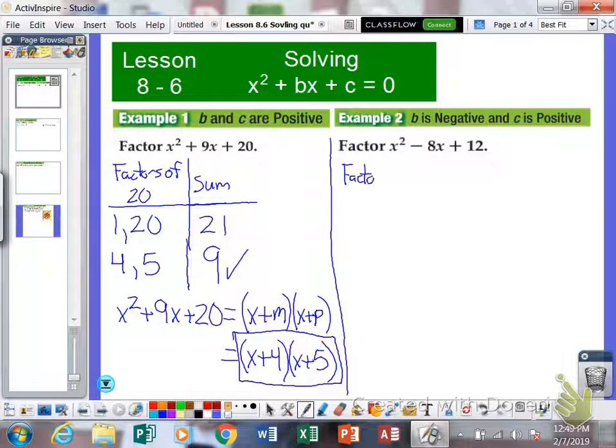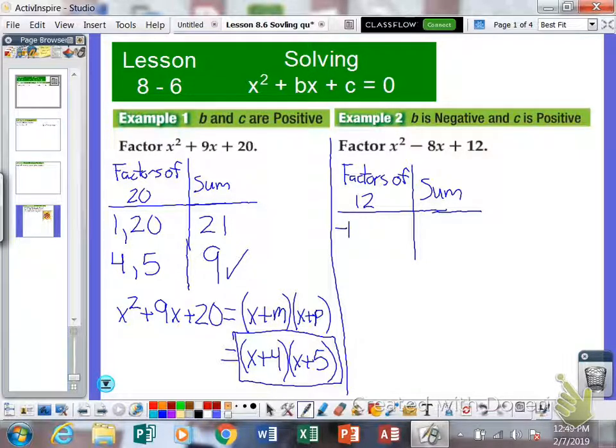We're going to have factors of 12 and their sum. Again, we want our factors of 12 to be negative because our c is positive and our b is negative.